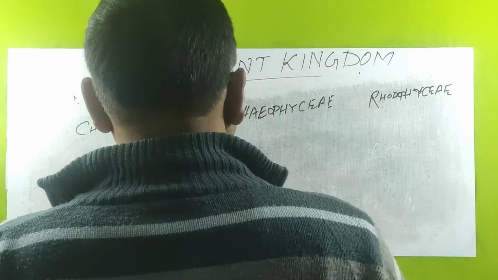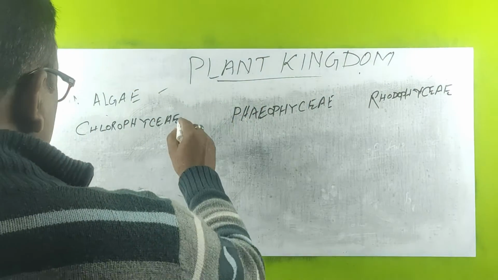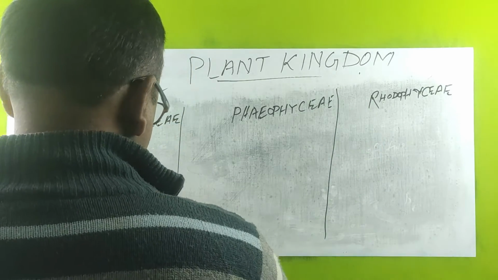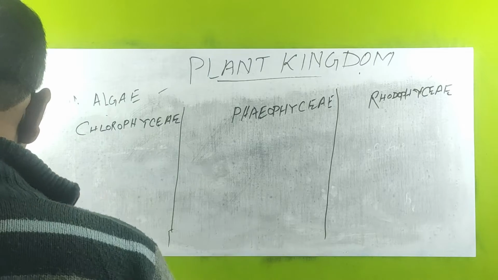So these are the three types of algae whose characters we will distinguish.